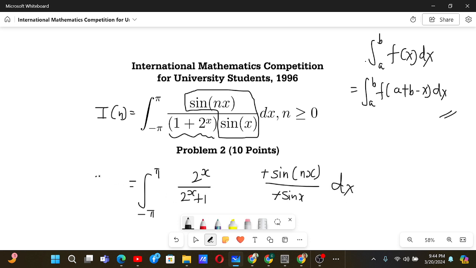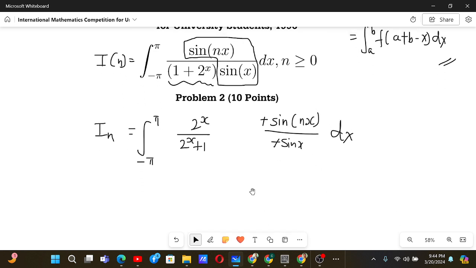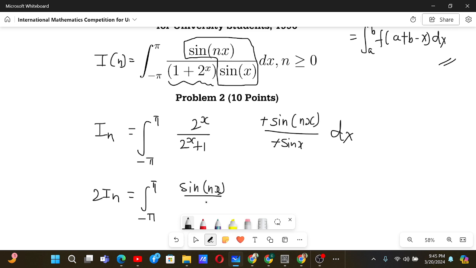Now both of them are I of n, and if we add these two, there's going to be some sort of simplification. 2 times I of n is the integral from minus pi to pi. You can take this expression common, sine nx by x, and the other is over here. We can take 1 plus 2 to the power x as common. Over here there's 1, and over here there's 2 to the power x, and dx.